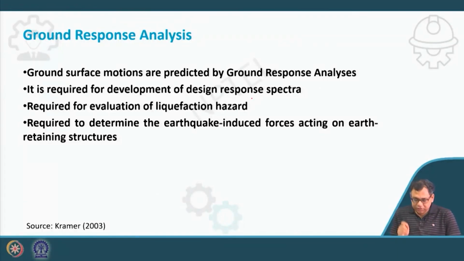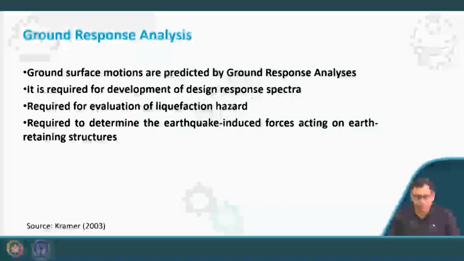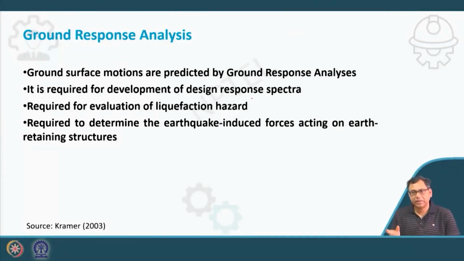So, we need to know the ground surface motion to evaluate the liquefaction hazard. Similarly, our earth retaining structure is also near the ground surface, so we need to know how much earthquake induced force is acting, and for that purpose we need the prediction of ground motion. And the design spectra also. So, for those purposes we need to know the ground surface motion, and it can be predicted by ground response analysis.